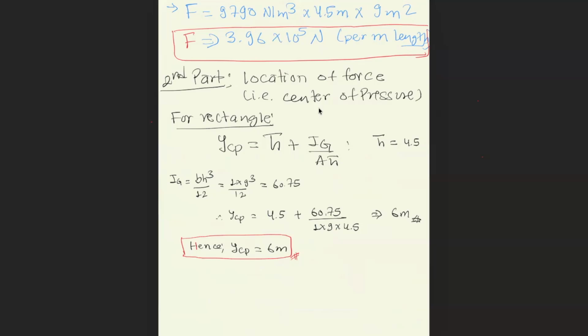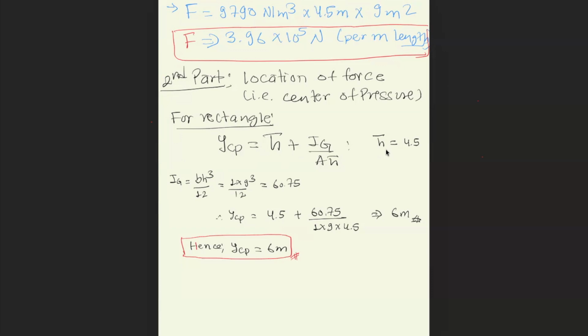For the second part, the location of force, or center of pressure, since this is a rectangular surface, we can find the center of pressure YCP equal to the centroid depth plus the moment of inertia divided by the centroid depth times area, as this is the formula.